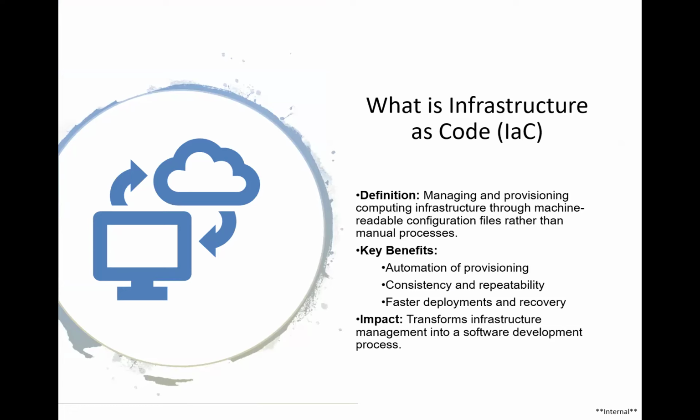IaC is one part of DevOps. Here we are talking about infrastructure, but it is also applicable on the application side. Basically, it is the provisioning and management of computing infrastructure through machine-readable configuration files rather than manual processes.